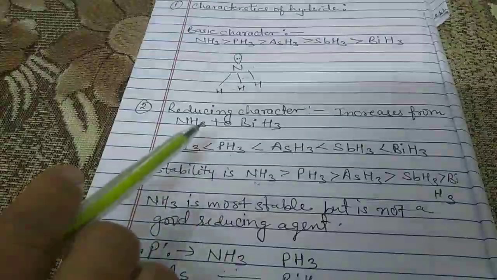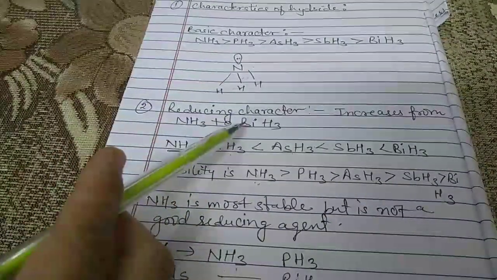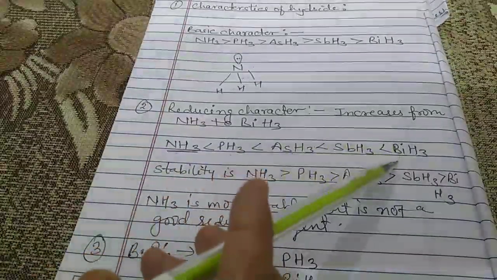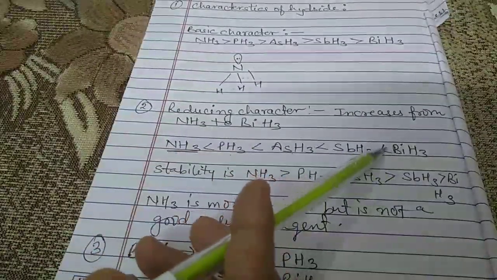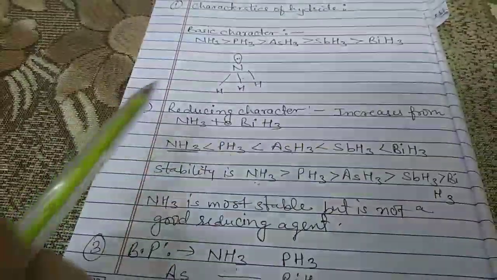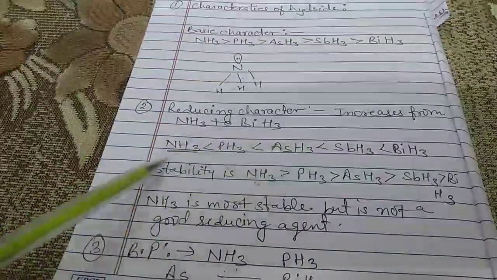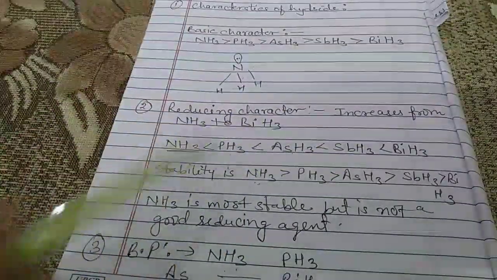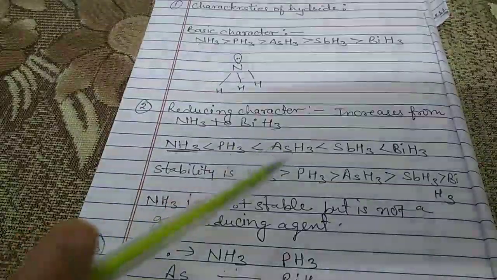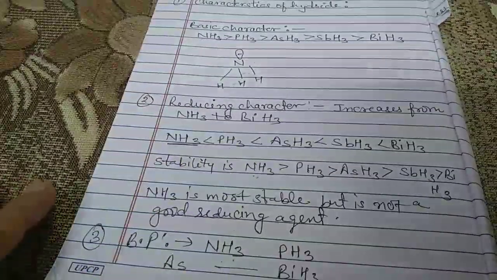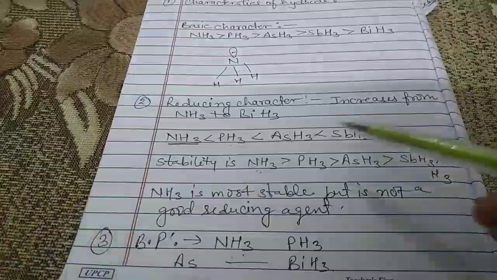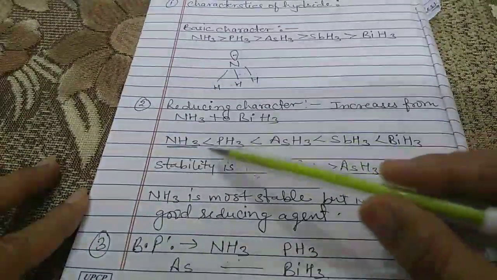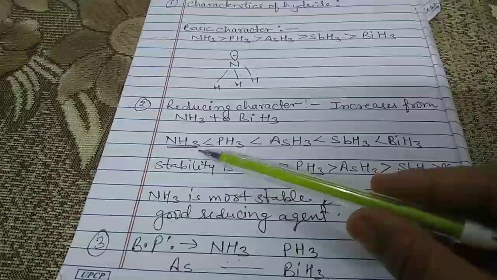Now the next is the reducing character. The reducing character of the hydrides of group 15 increases from ammonia to bismuthine, that is, from nitrogen to bismuth. So this is the increasing order of the reducing character. Now the reducing character depends upon the stability of the hydrides. The lesser the stability of the hydride, the greater is its reducing character, and we know NH3 is highly stable.